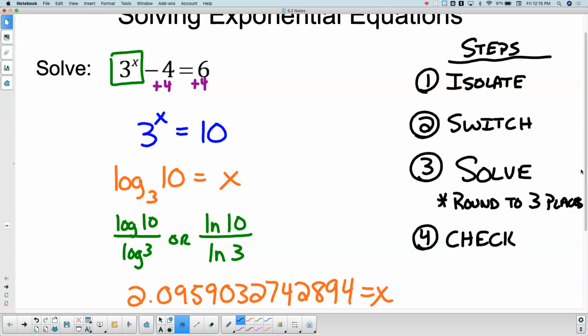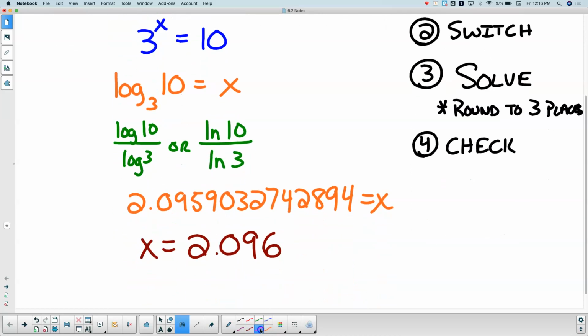If I rounded it, if I kept mine exact on my calculator, what do we say, 2.096? And then minus 4, I get 6.00106. But again, because we rounded it, that's why my answer is fairly close to 6. Then, once I've checked it, now it'd be done.